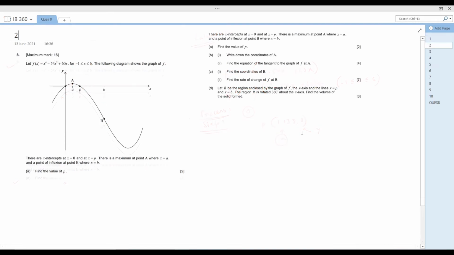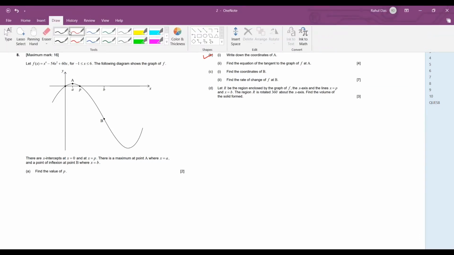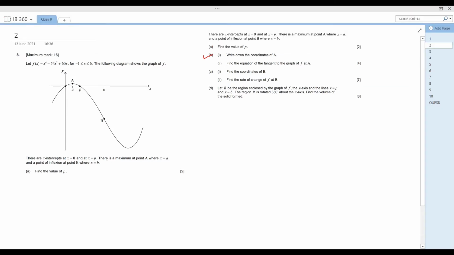The question part B: write down the coordinates of A. Here in the question you can see that there is a maximum at point A. Now for any function, if there is some maximum and minimum, they can be global and local.